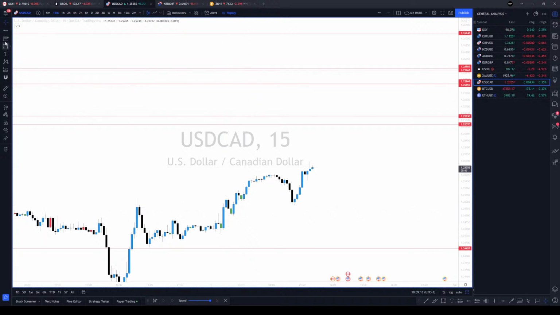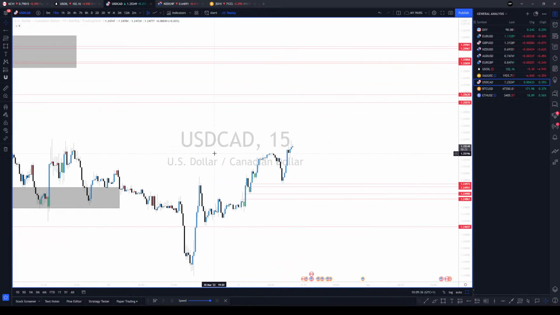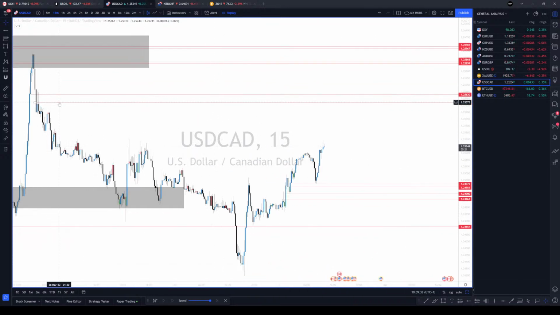They've left some imbalance right there. I like that one. And this one. So these two imbalances will be a good level for a buy to continue going up into that 1 hour.